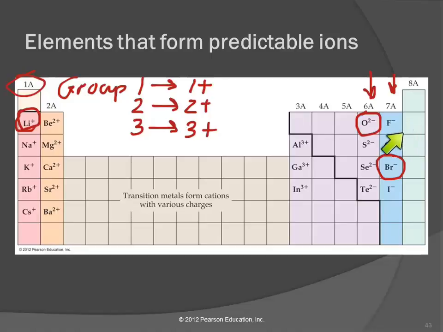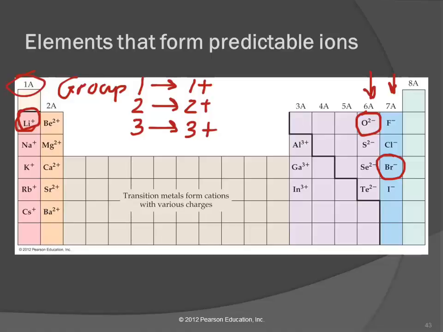I have to go back 1, 2 spaces, and I get to oxygen. I went -2. How about to chlorine? We start here on the far right, we go back 1, -1. All of these guys are -1. The next one over is all -2, and there's some over here that do minuses also, and they're all -3.